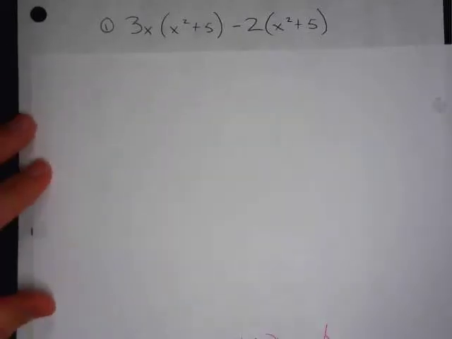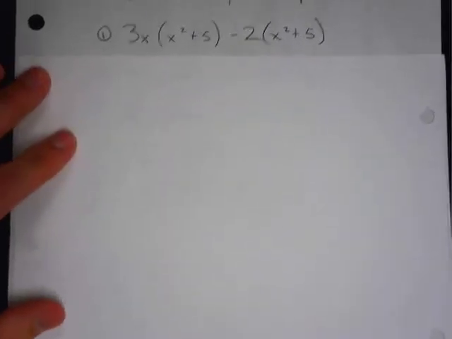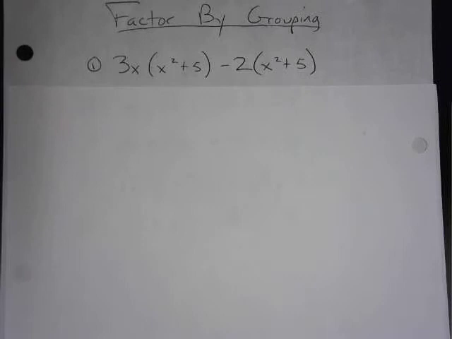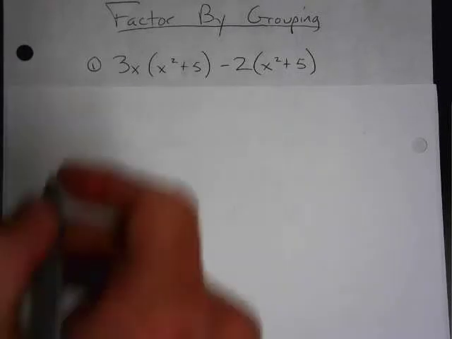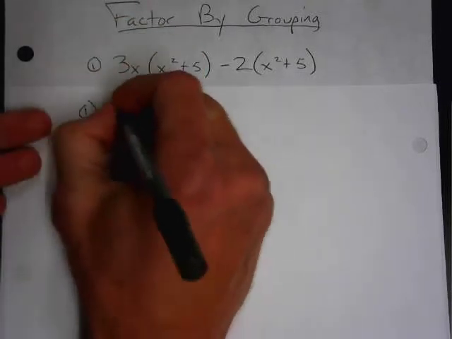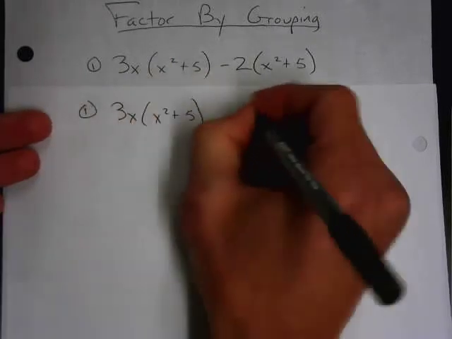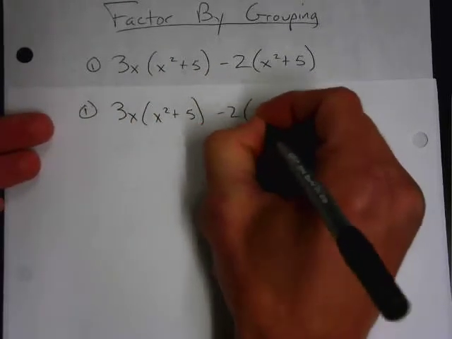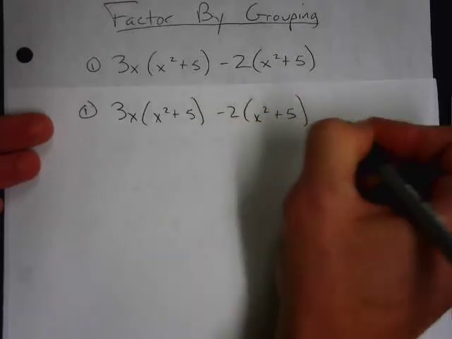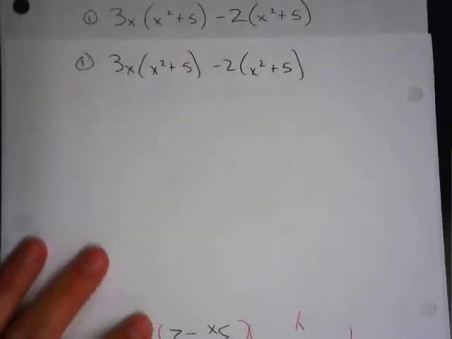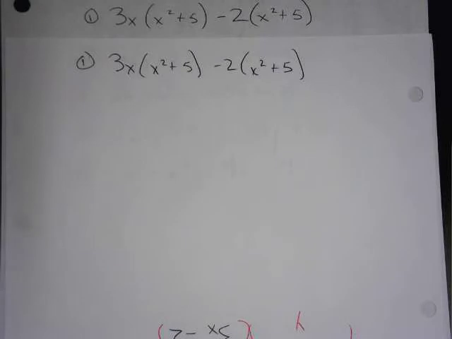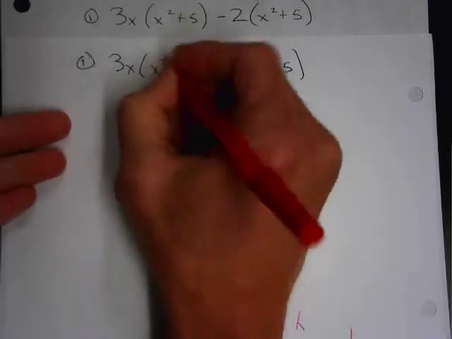Okay, so we look at the expression in number 1. And hopefully you see, now that we have done that little exercise, you can recognize that the greatest common factor looks a little bit different, that's all. It just happens to be in grouping symbols. And so we have our expression, and hopefully you can see that now the greatest common factor is the binomial x squared plus 5.